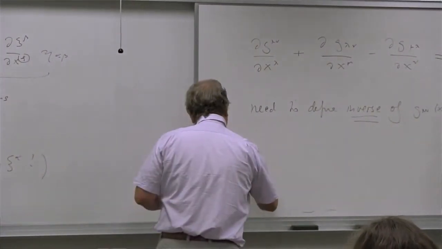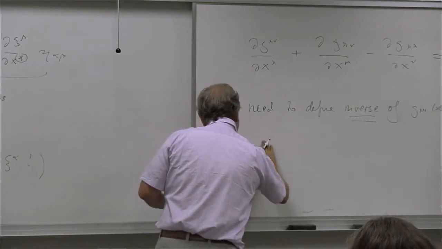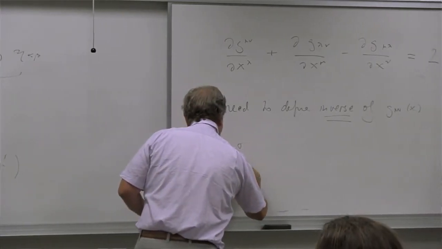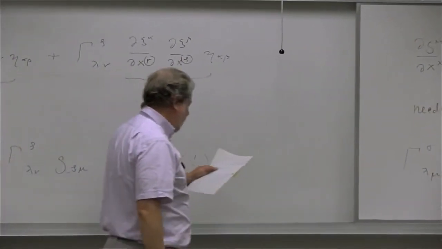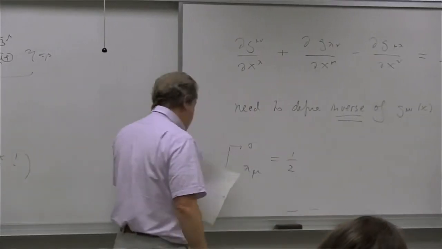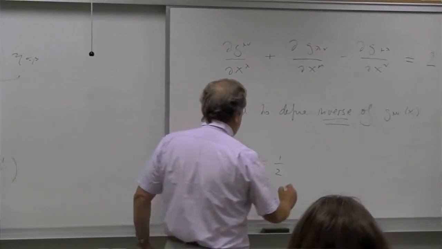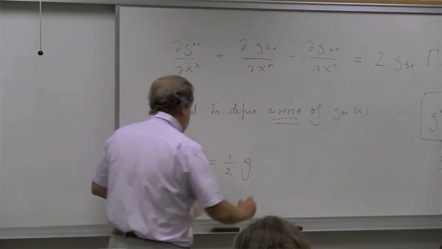So finally, the result is that gamma sigma lambda mu, we try to keep the indices as much as we had them before without changing their name, is equal to 1/2 times the inverse, with indices upstairs, g nu sigma.